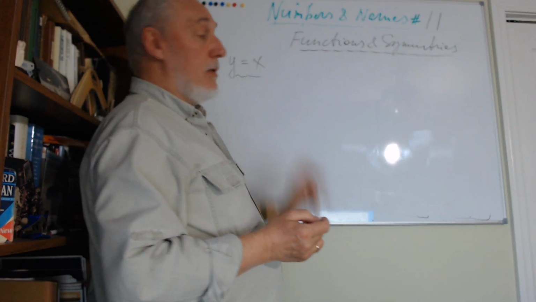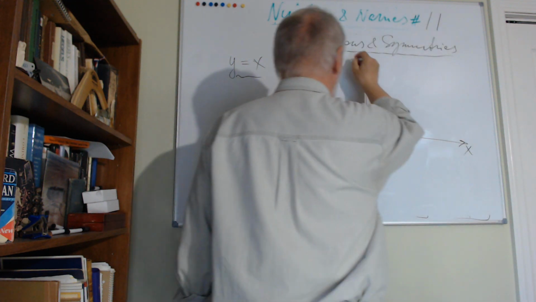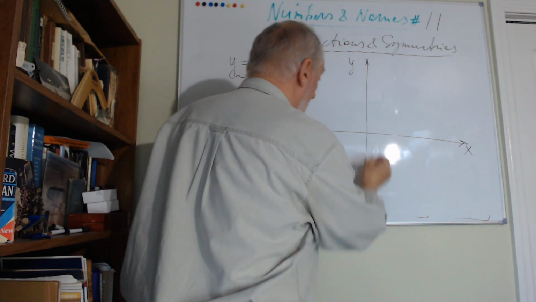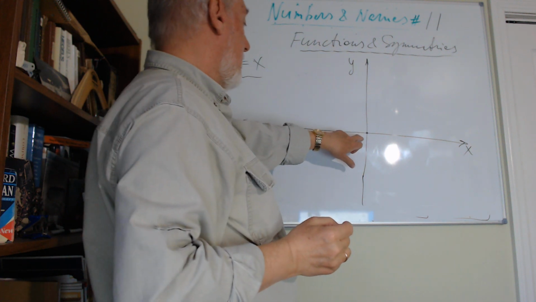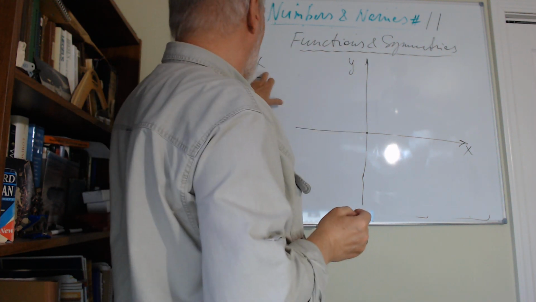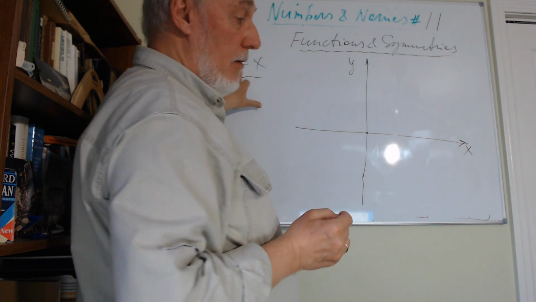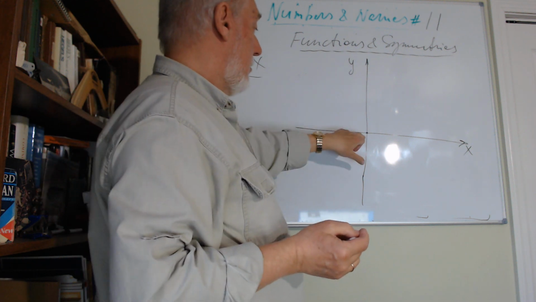Now let's start from this y equals x, right? Let's put numbers, x and y. Let's start from point 0. What do you think? If you put x equals 0 here, what would be the y in this function? Y would be 0.